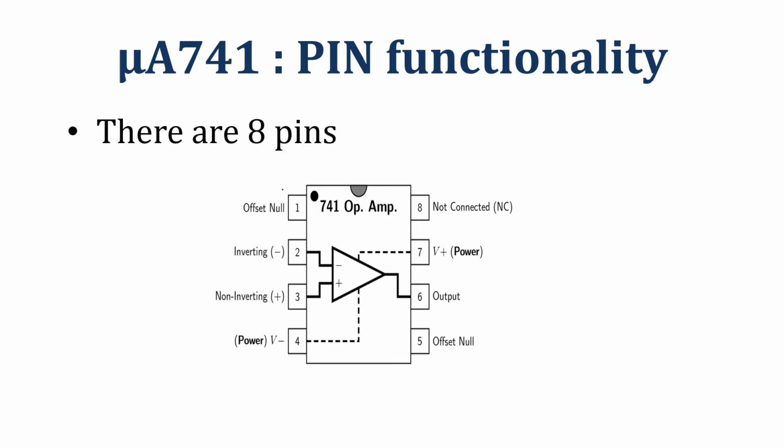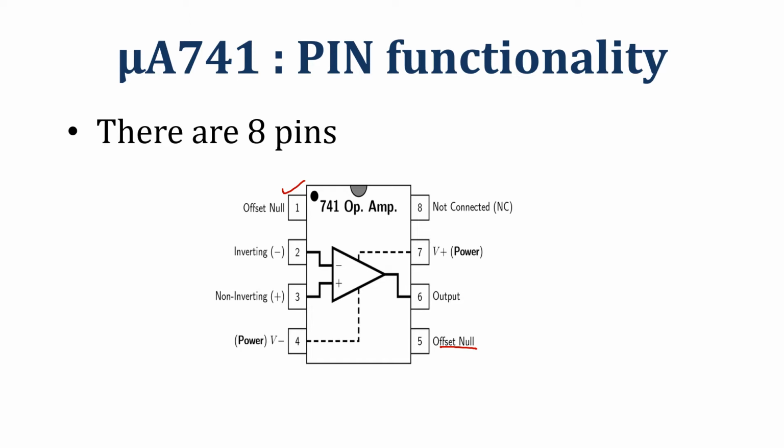The first pin is offset null, the second pin is inverting input, the third is non-inverting input, and the fourth one is the power pin. The fifth pin is again offset null. So we have two different offset null input pins available on this IC: one at pin number 5 and another at pin number 1.